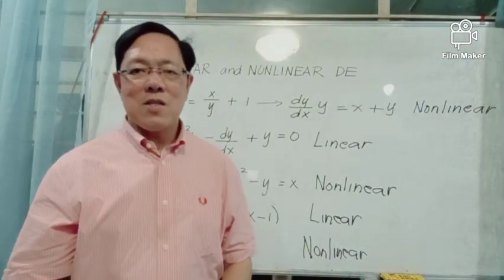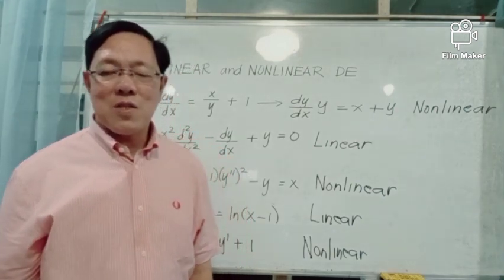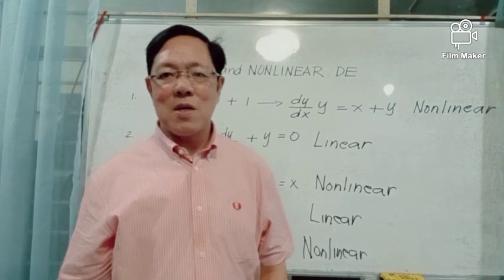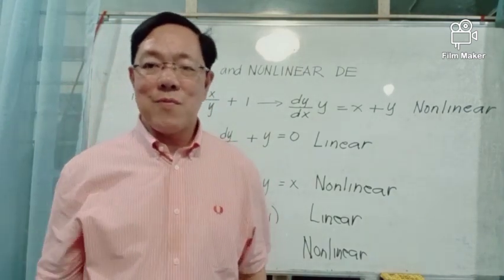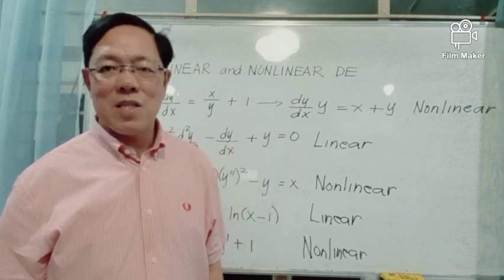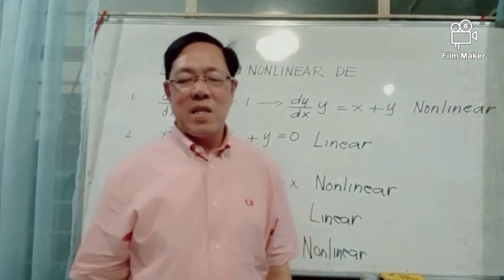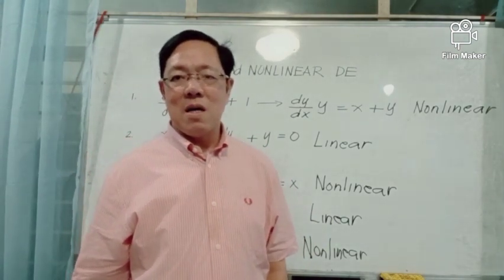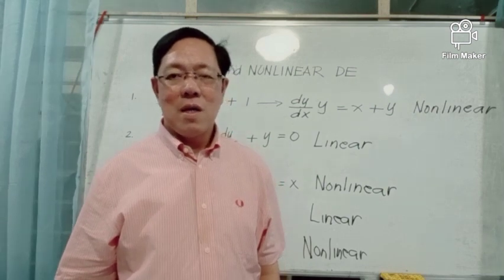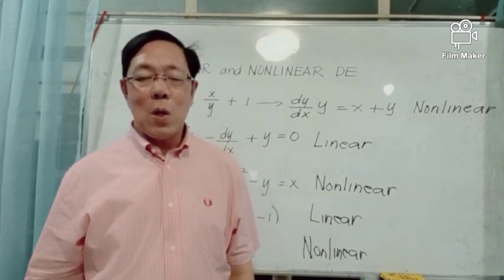Again, if a differential equation is not linear, then the differential equation is a nonlinear differential equation. And in determining whether a differential equation is linear, we only consider the dependent variable and any of its derivatives that appear in the given differential equation. In a linear differential equation, no products.